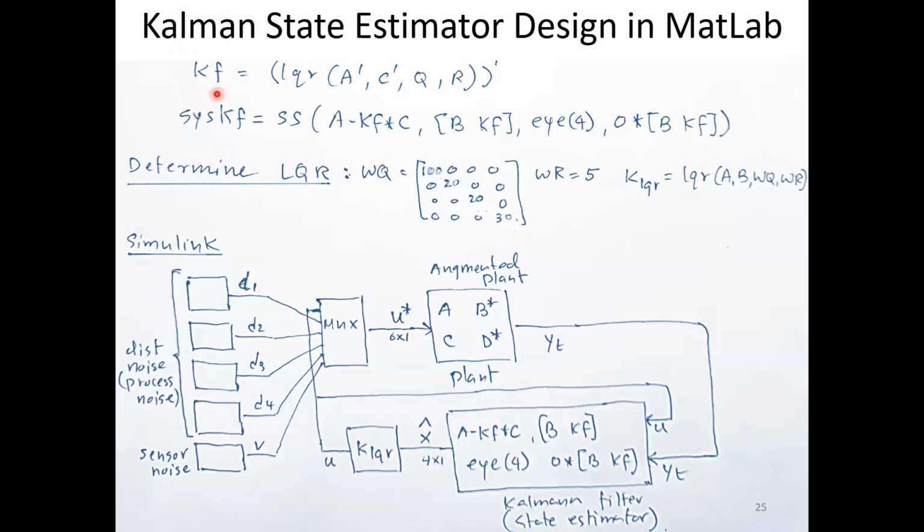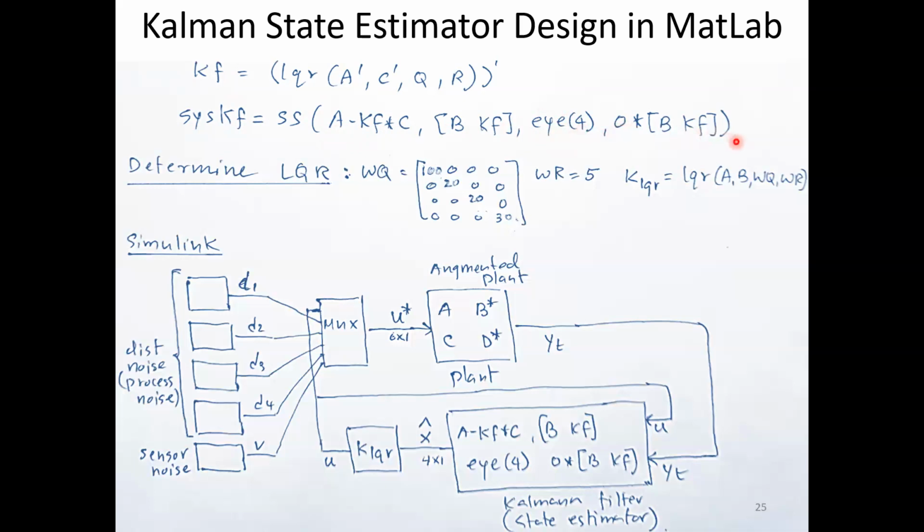So this Kalman filter block can be converted into a state space model, right? We will give it a name like syskf. Now you use the state space model SS, and you give it A minus kf times C, B times kf. This is identity matrix of 4, 0 times B kf.